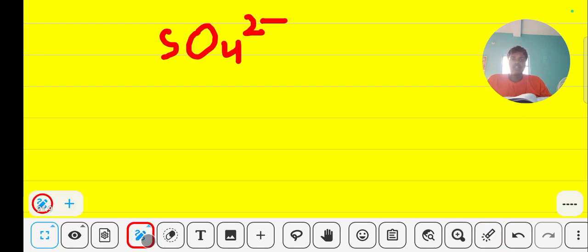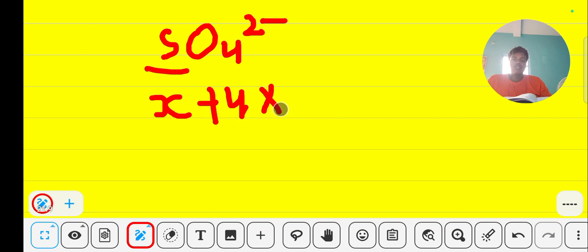So how do we calculate the oxidation state? Let the oxidation state of sulfur be x. There are four oxygens and the oxidation state of each oxygen is minus 2, and we write the overall charge here.